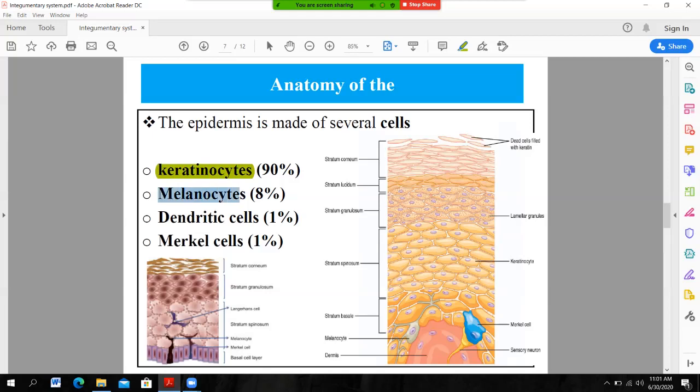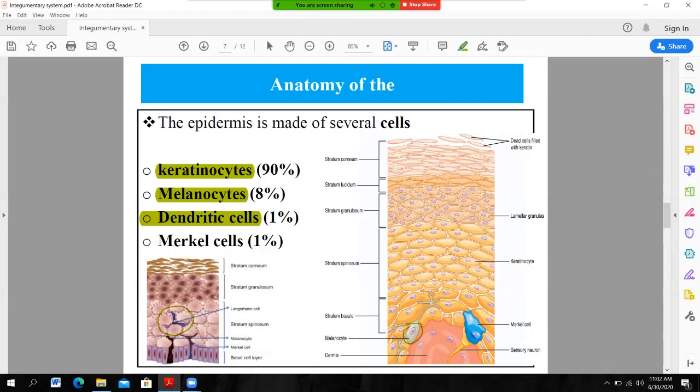And melanocytes are the second most superior cells, found at the stratum basale. Melanocytes produce melanin, and melanin plays an important role in the absorption of UV light. The dendritic cells are immunological cells derived from monocytes, and they determine the antigen.